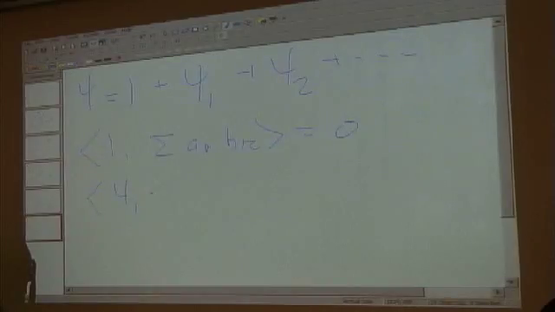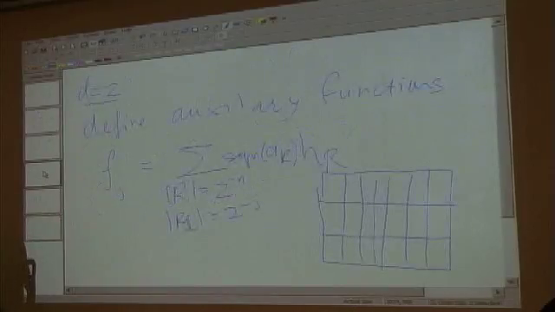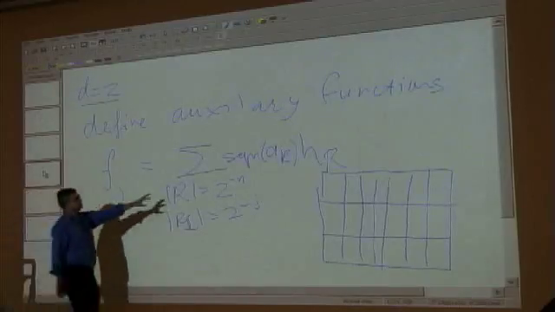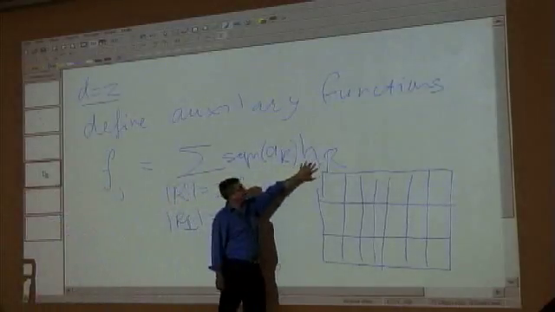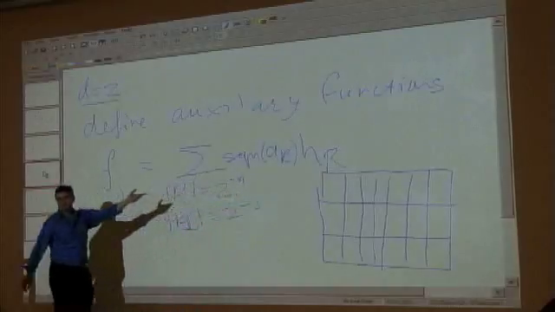Psi 1, by construction, gives you, remember psi 1 is the f j's, and the f j's are defined in terms of the signum of the a star h star, so all the sign cancellation drops out.